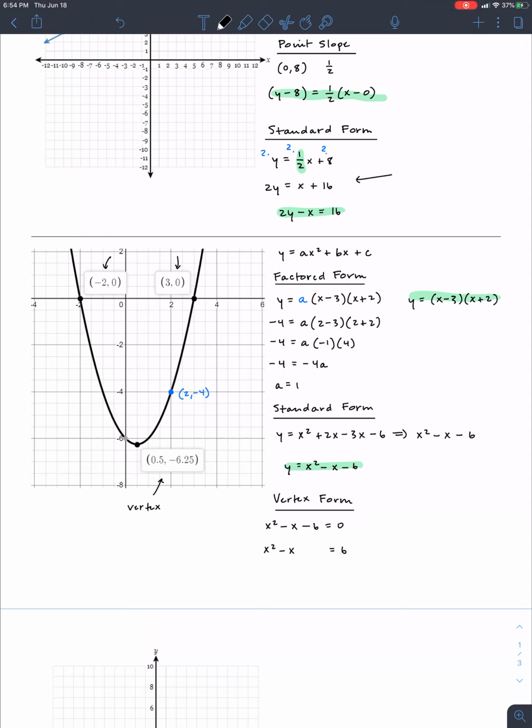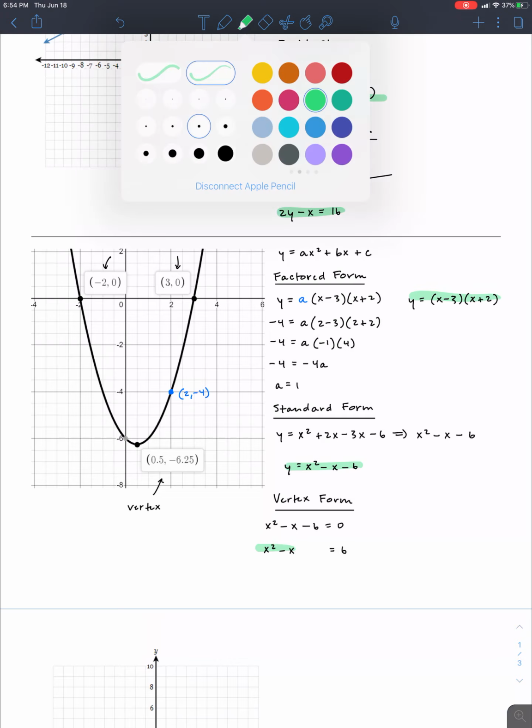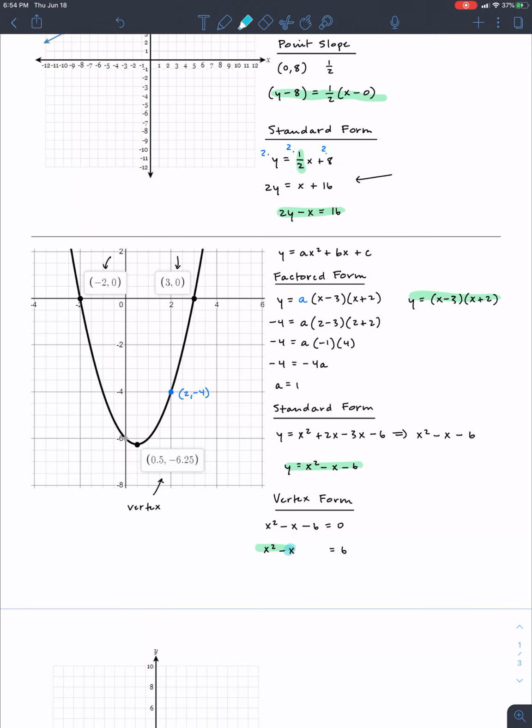And then I want to complete the square, so I need to complete the square here, and using this term, my coefficient is 1, so half of that is 1/2. And then when I square that, that gets me plus 1/4, or 0.25. And if I add 0.25 on one side, I have to add 0.25 on the other.